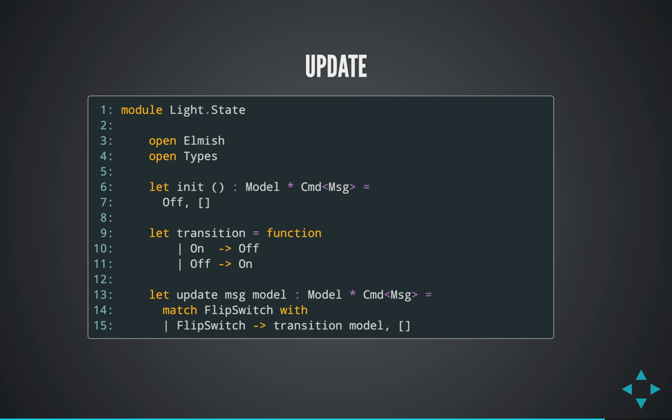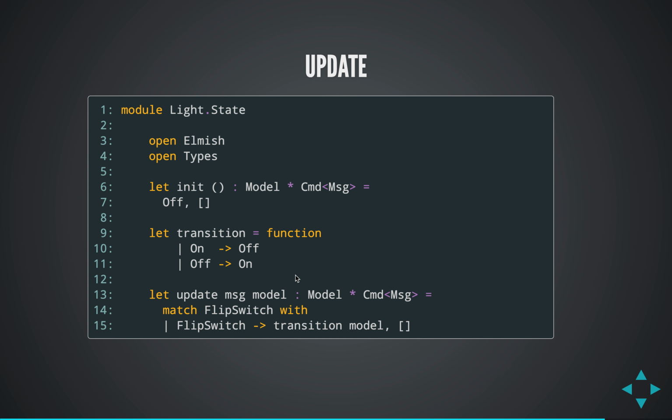The init function is very simple. It returns a pair of the model and some command, which is a list of messages. When we initialize our component, we say that it's going to be off and there are no messages to be processed.